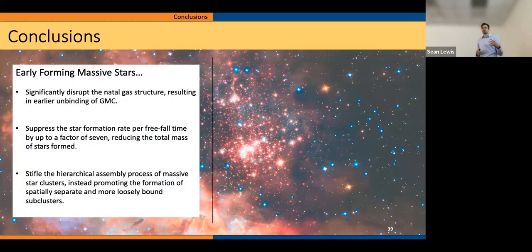They suppress the star formation rate and the accretion rate of material onto the sink particles, also reducing the total mass of stars that form. We also find that the early forming massive stars stifle the hierarchical assembly of the star cluster, promoting more spatially distinct and more loosely bound subclusters.